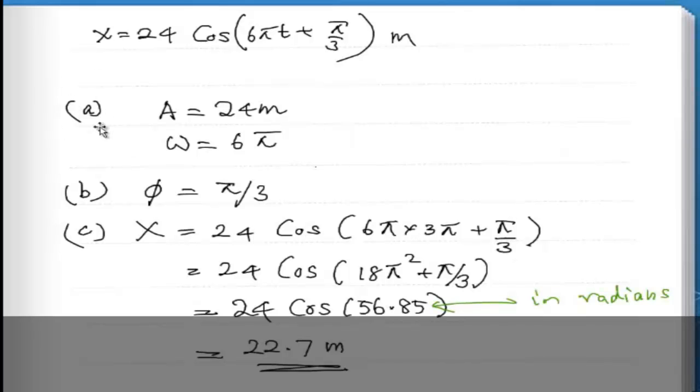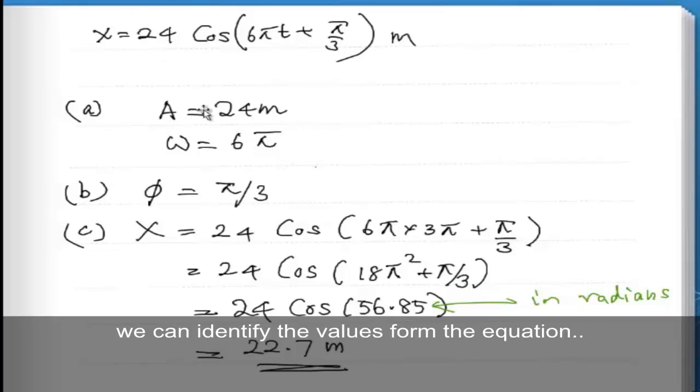So the first question is to find the amplitude and the angular frequency. This is the equation.